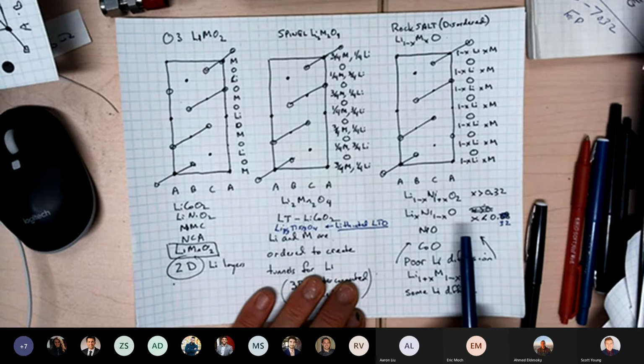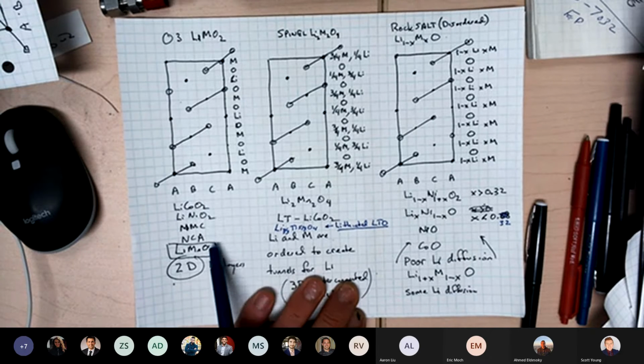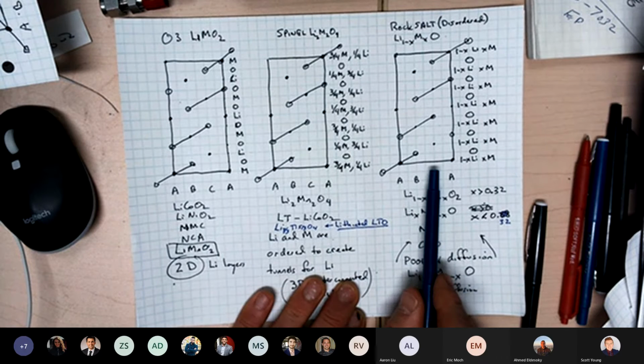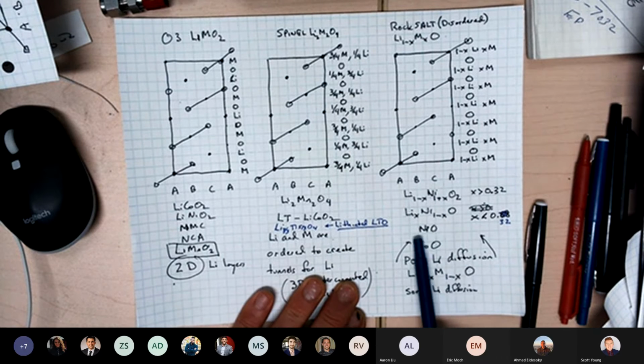And again, you find on the surface of materials like NCA, lithium nickel oxide, their surface often has a layer of rock salt on the surface, which doesn't mean nickel oxide, it means lithium deficient lithium nickel oxide on the surface.